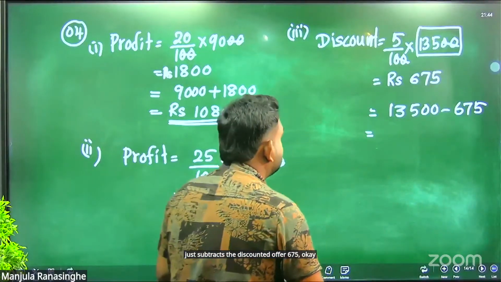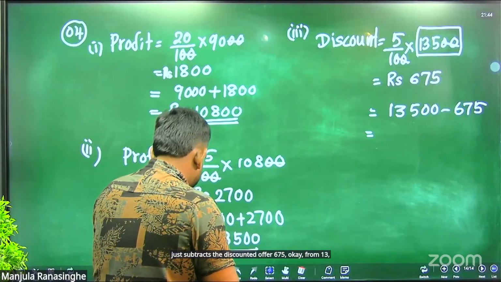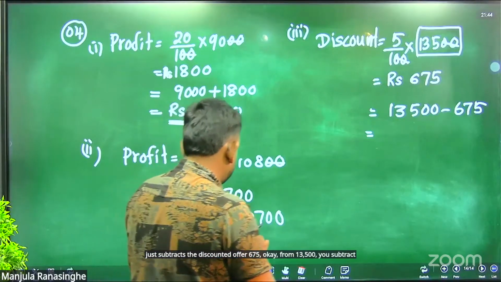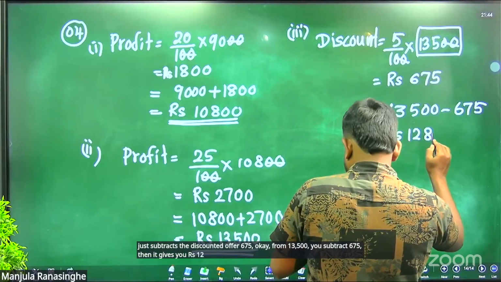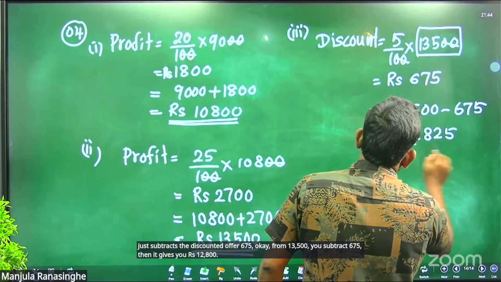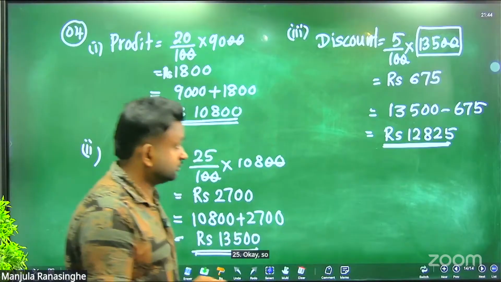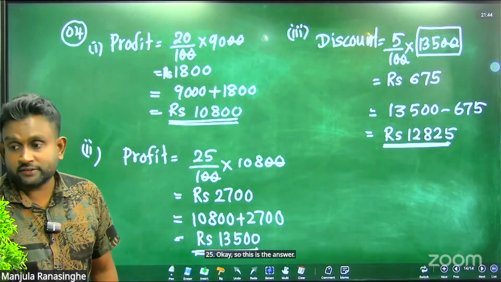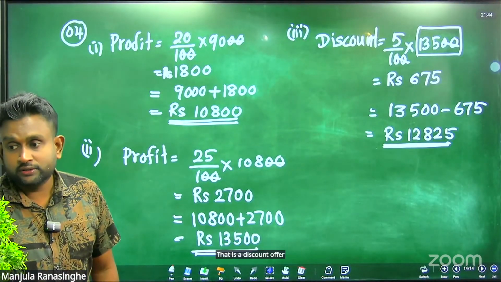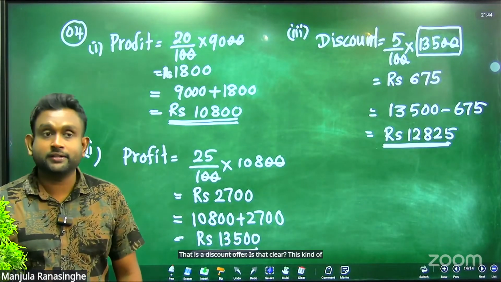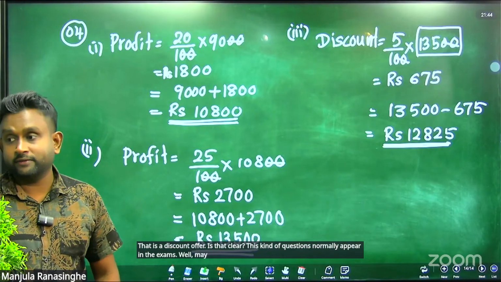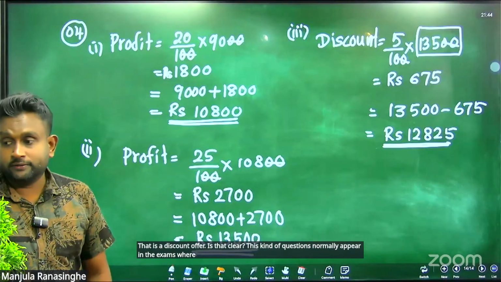Okay, from 13,500 you subtract 675, then it gives you rupees 12,825. Okay, so this is the answer. Is that clear? This kind of question normally appears in the exams, right?